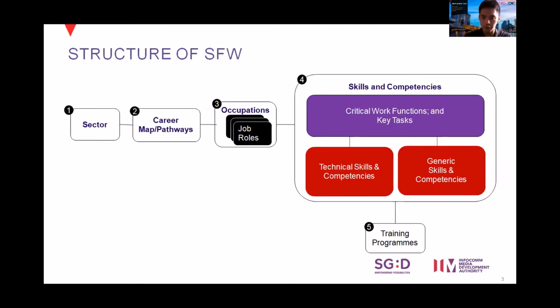For ICT, it will be the IT-related skills. The next one is the generic skills, or in other words, the soft skills, such as communication, teamwork, as well as critical thinking. Based on this structure, training providers as well as government agencies can then use it to develop training programs, upskill individuals in respective job roles, as well as close any skills gaps.